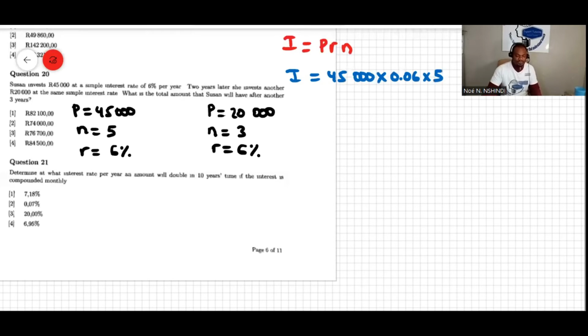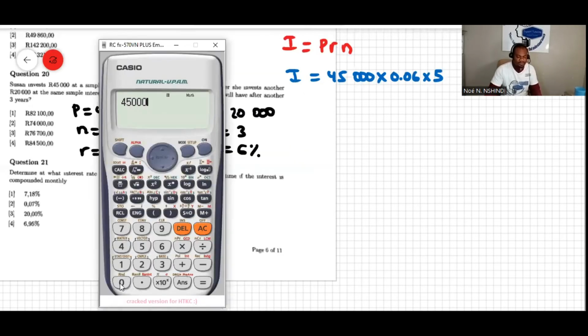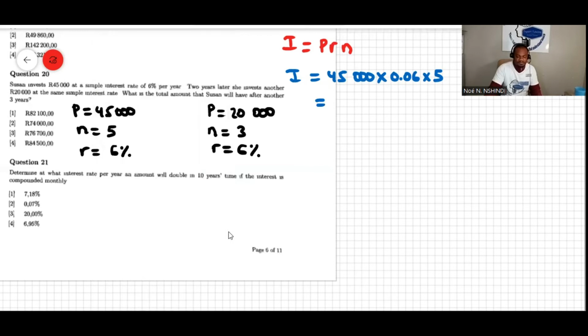You can use a calculator for that. We do 45,000 multiplied by 0.06, multiplied by 5, and this is 13,500. This is the interest made, 13,500, interest for the 45,000 rand.